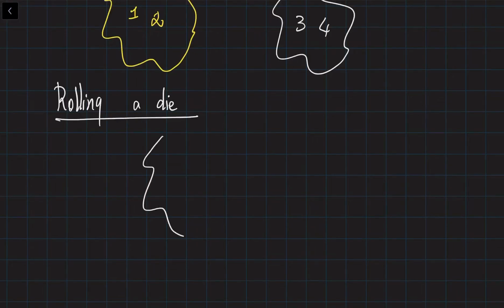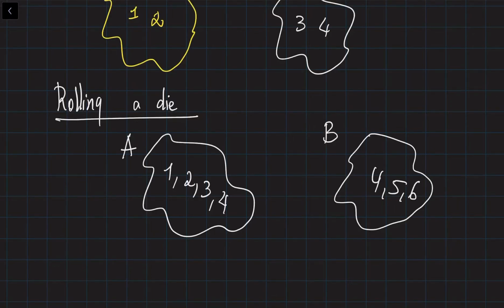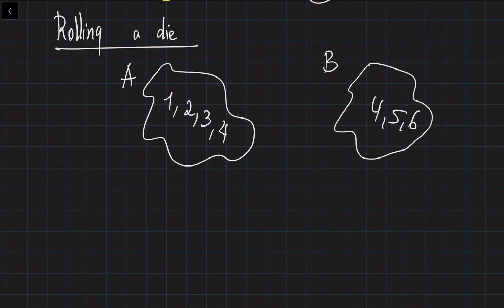We have a set A which contains the numbers 1, 2, 3, 4, and a set B which contains the numbers 4, 5, and 6. Is it possible that these two events are going to happen together? Yes, because we have one item which is included in both of the cases, right? So they have an intersection. So the probability of A and B is not equal to 0 anymore.